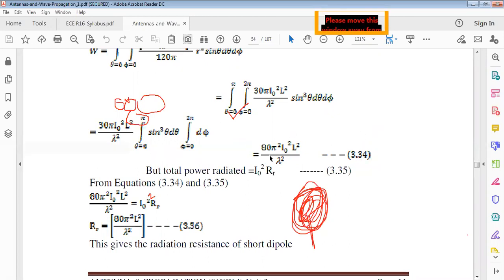So what is 85 square? Actually, this length is a differential current element. That's why it is 85 square dl by lambda, 85 square dl by lambda whole square. See here, 85 square is the term.